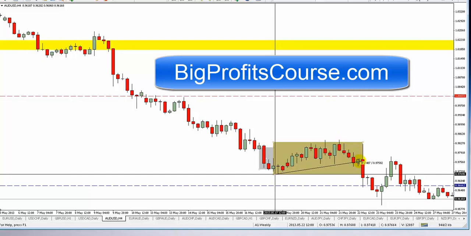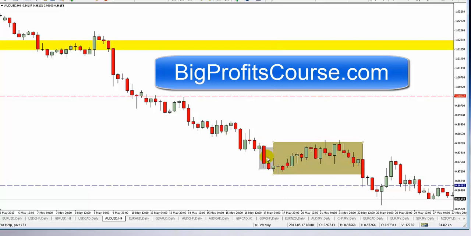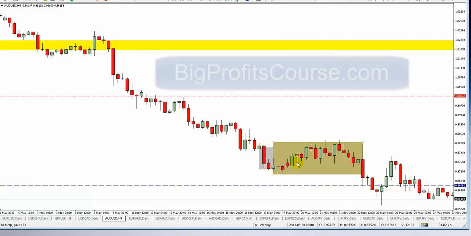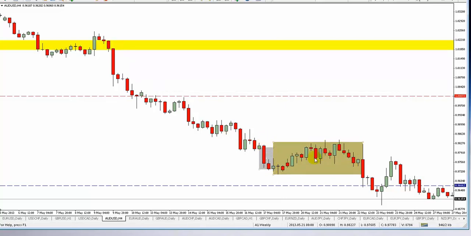It took 18 candles to go about the same amount that 2 candles took. That tells you you're in a retracement phase, right? And also remember, look at how many of these candles are closing near the middle. That one did, that one did, maybe that one. I mean, when I say the middle, I don't mean dead center. I mean not on the edges of the candle, right?